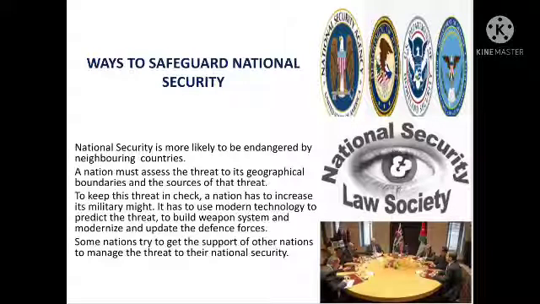Here are some ways to safeguard national security. First one, national security is closely connected with geography because national security is more likely to be endangered by nations who are geographically closer. A nation must assess the threat to its geographical boundaries and the source of that threat. Second one, in order to keep this threat at bay, the nation has to increase its military might.